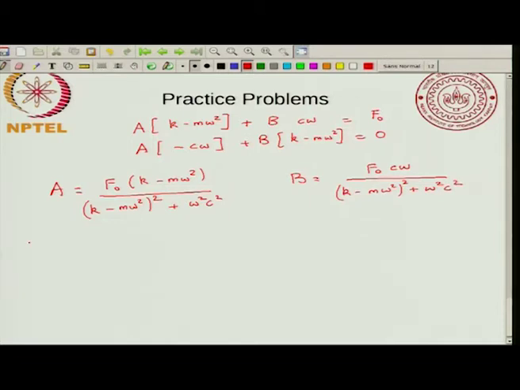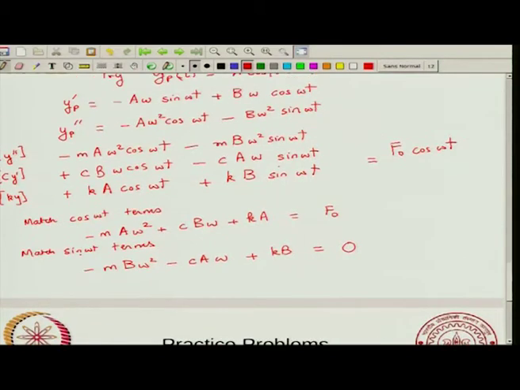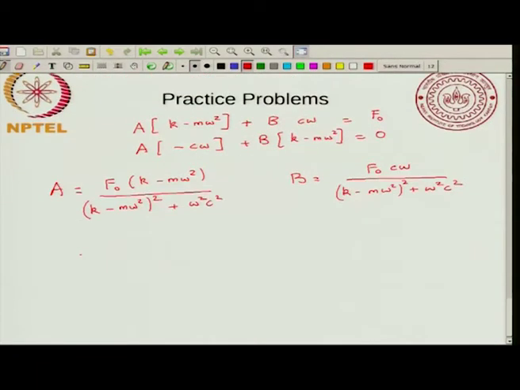I have the general solution and the particular solution, and I can write the overall solution.